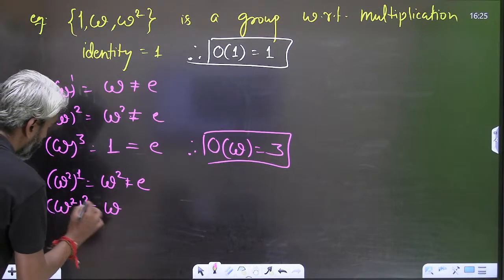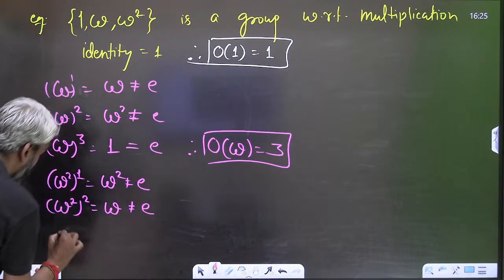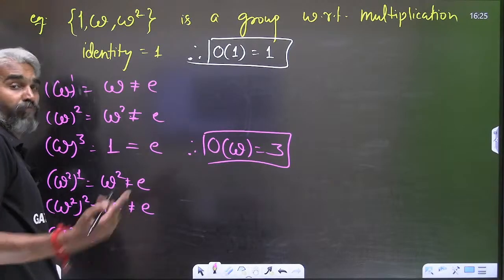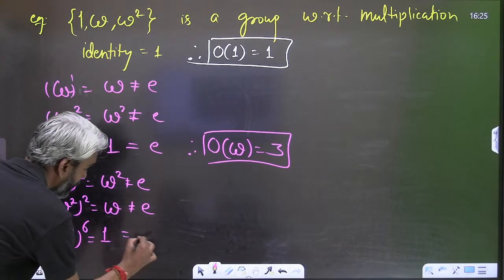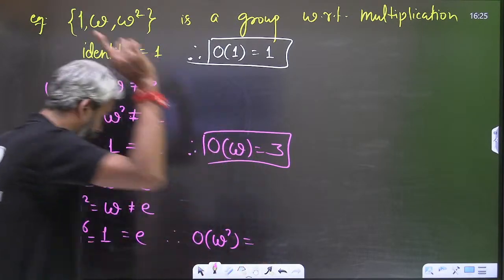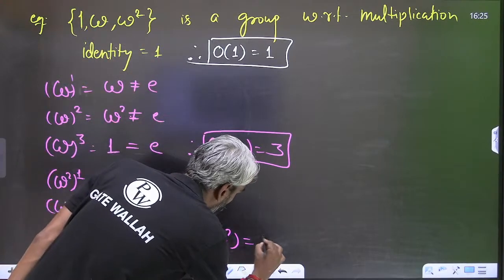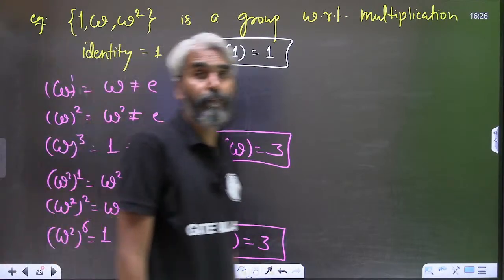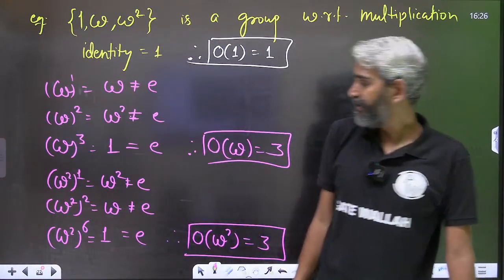So this will be omega, which is not the identity element. And omega square to the power 6 will be omega cube into omega cube, 1 into 1, which is the identity element. Therefore, the order of omega square is also 3. For power 3 of omega square we get the identity element.